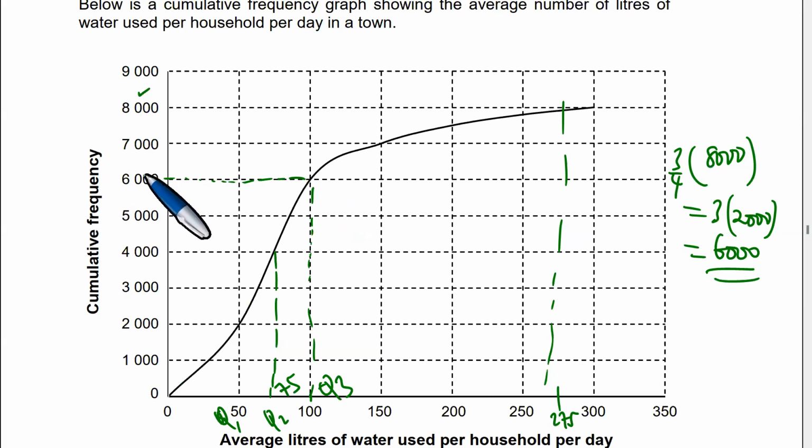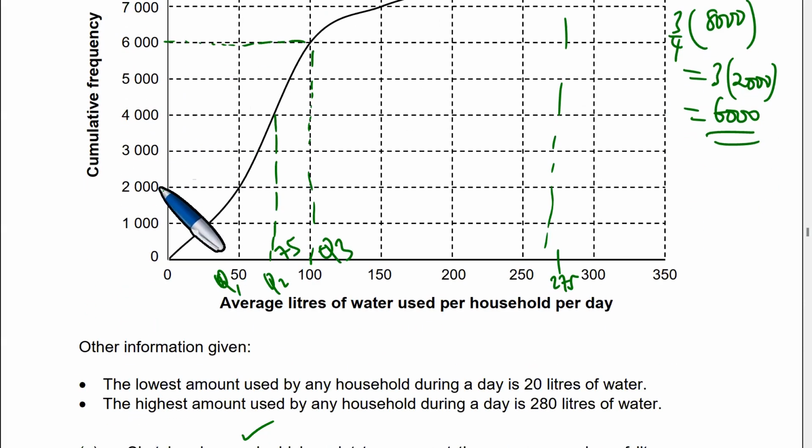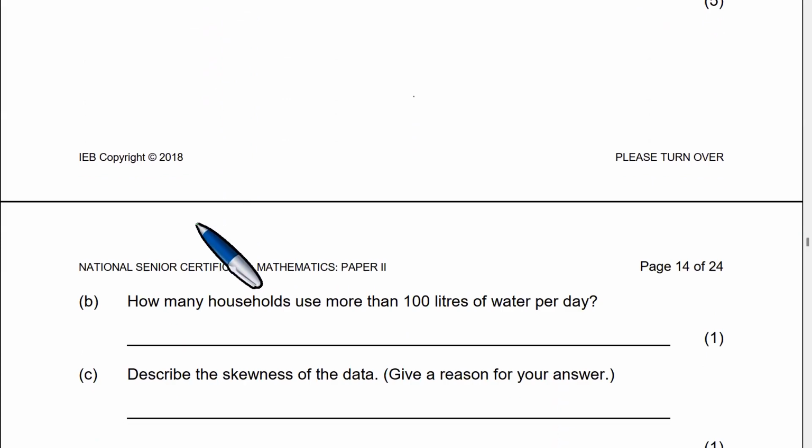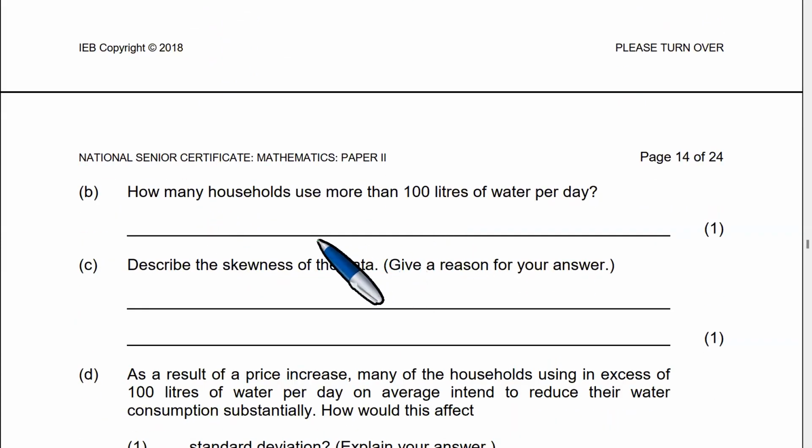So the difference between 8,000 minus 6,000 is 2,000. So how many households use more than 100 liters per day is actually 2,000 households.